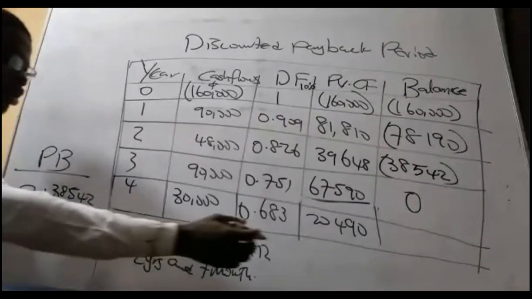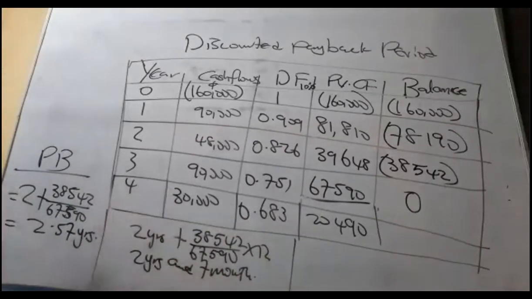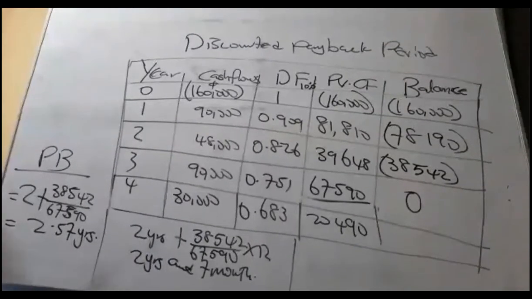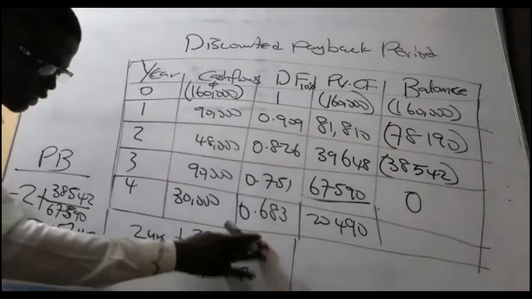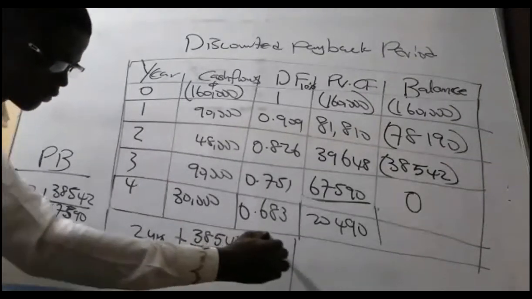Okay, now I want some in years, and then in days. So kindly do that conversion for me. Now let's see. If you want it in days, just multiply by 365.